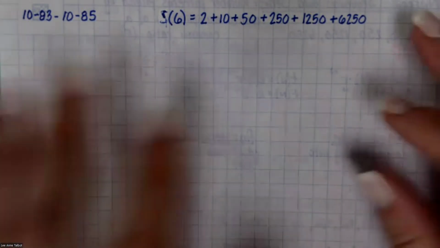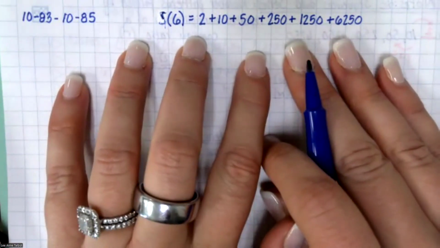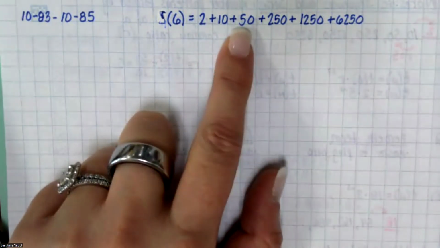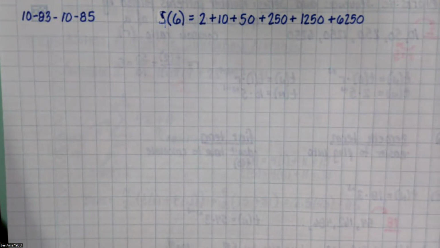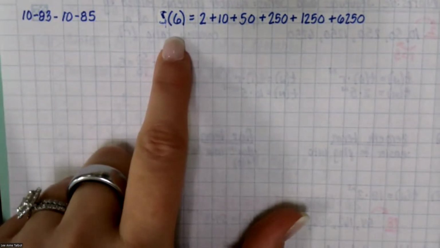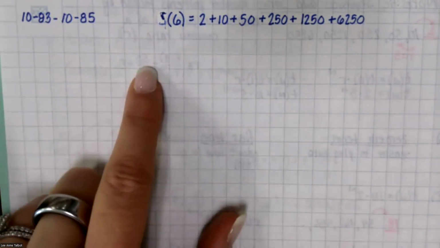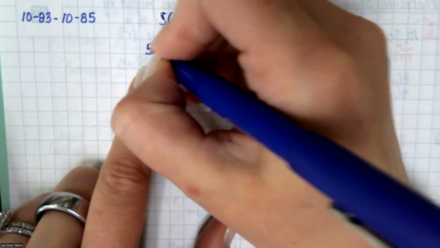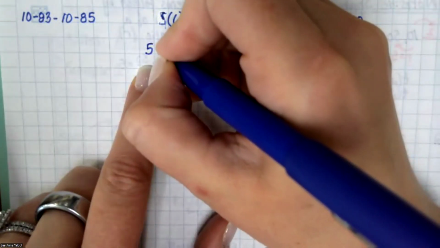So I picked just a random series, 2, 10. Can you tell what it's multiplying by? 5. Okay. So I'm going to take the series and multiply it by 5. Again, you'll see why in a second.